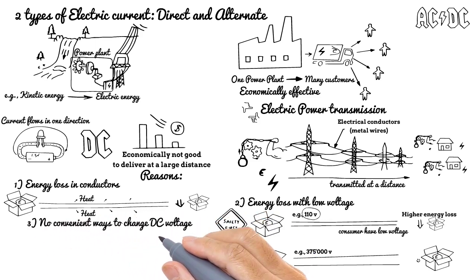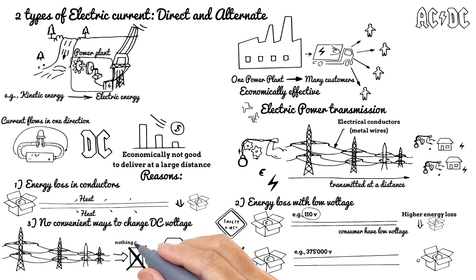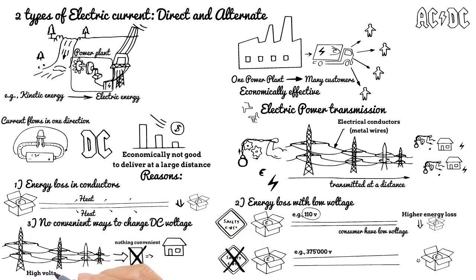And third is that, for a direct current system, there was no convenient means of changing voltage to achieve convenient energy transmission. Use high voltage between the electrical plant and houses, and low voltage for domestic service inside houses.